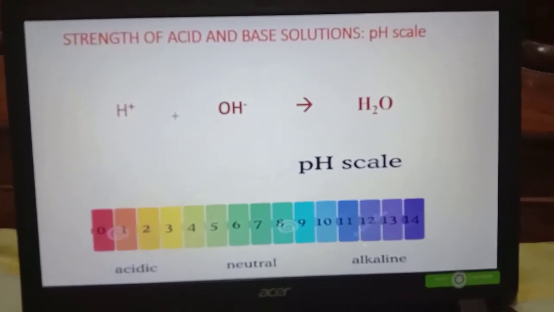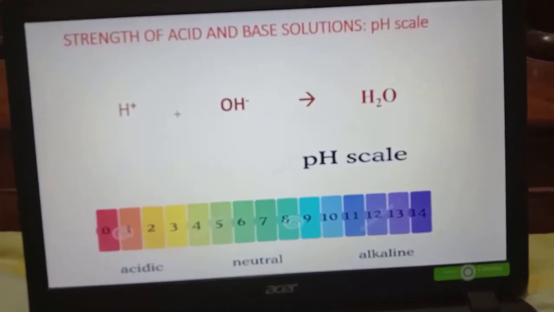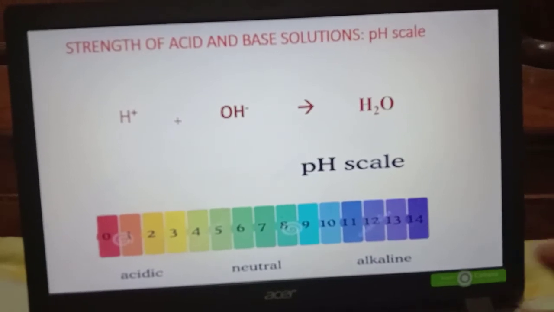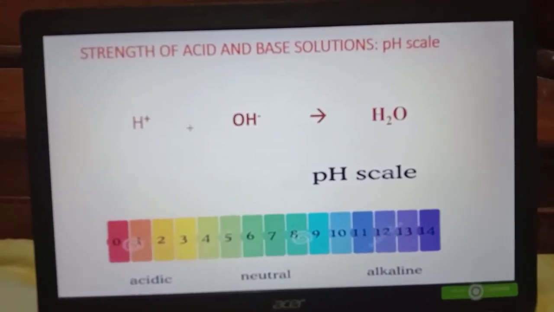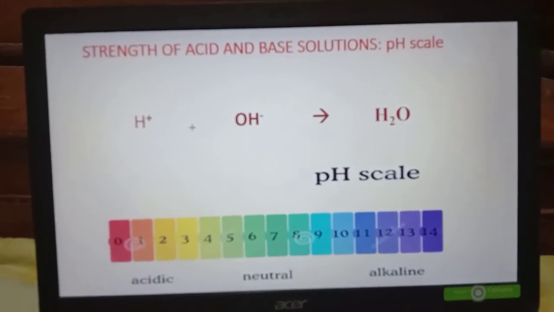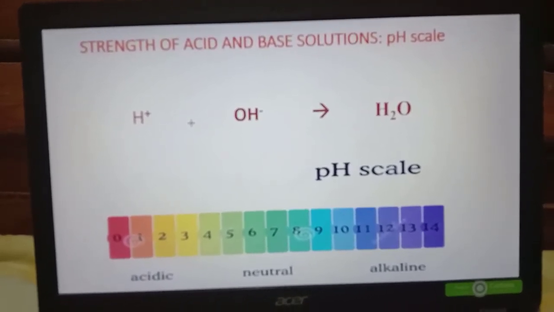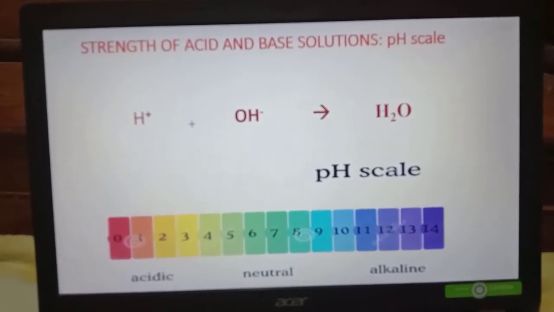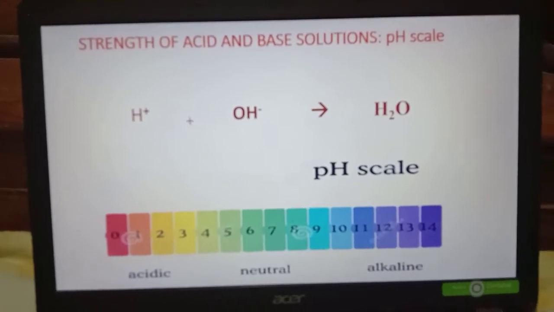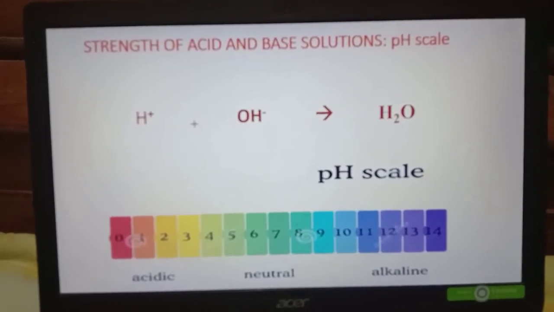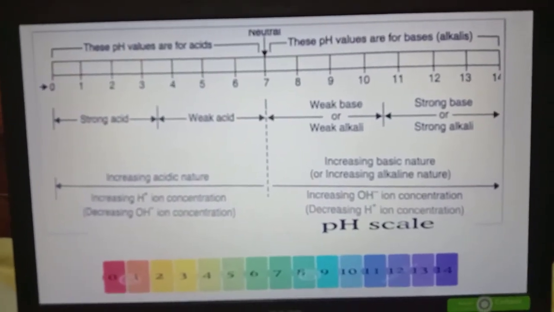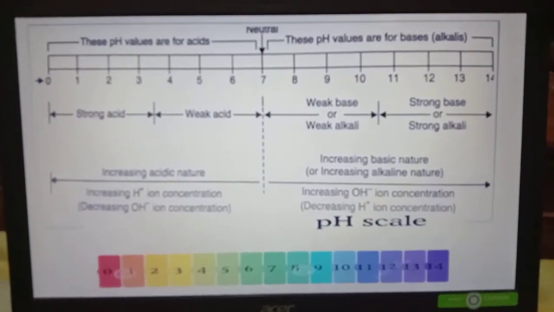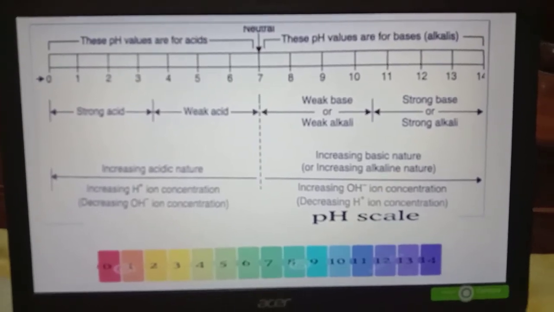So children, I am telling you on the pH scale, 7 is the value for neutral solutions, 0 to 6.9 for acidic solutions, 7.1 to 14 for basic solutions. Now see this chart carefully.